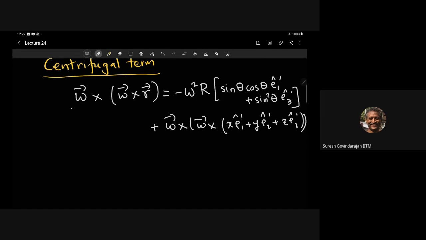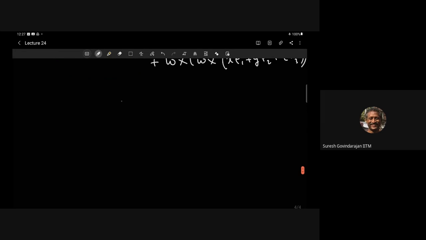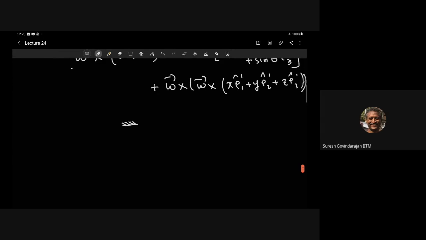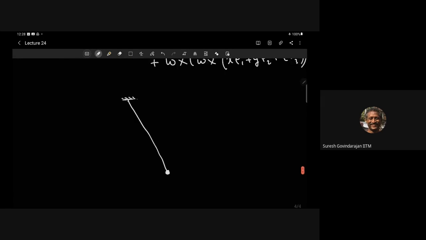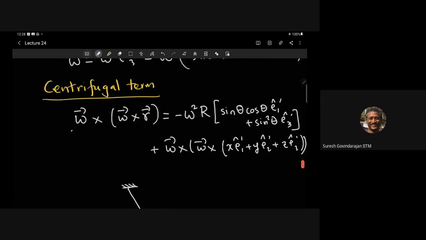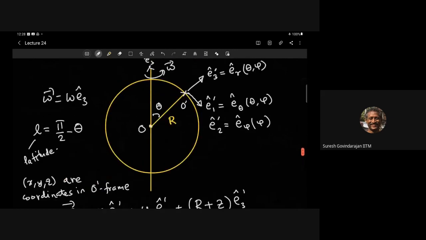And what is this one's effect? Suppose I did the following thing now. I took a simple plumb bob, a heavy mass. First, let's look at this. In what direction is the gravitational force? Minus E3 hat, right?